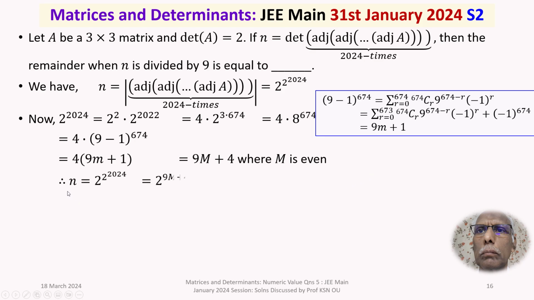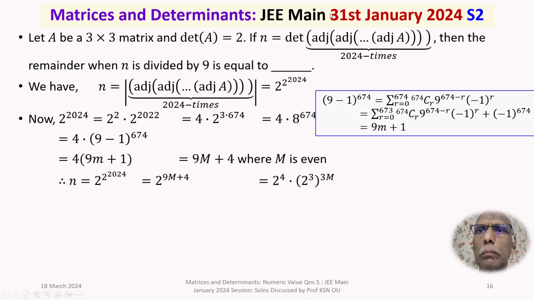And now take n is equal to 2 power 2024 is equal to 2 power 9m plus 4 is equal to 2 power 4 into 2 power 9m, written as 2 power 3m. Right.